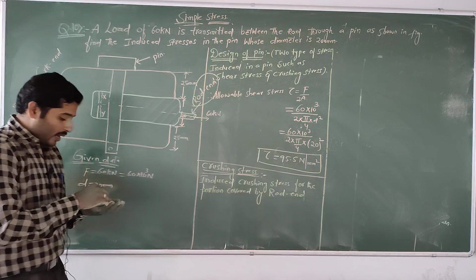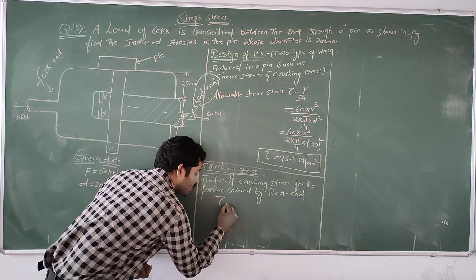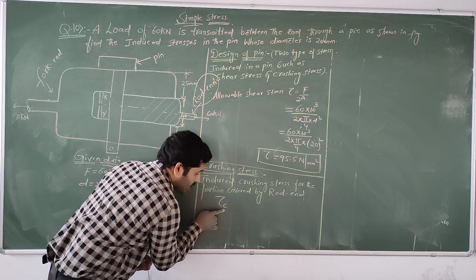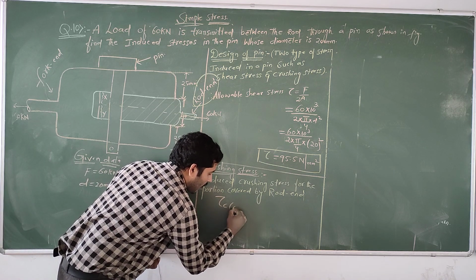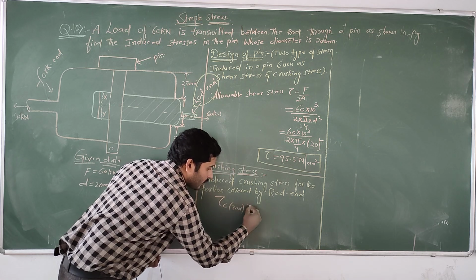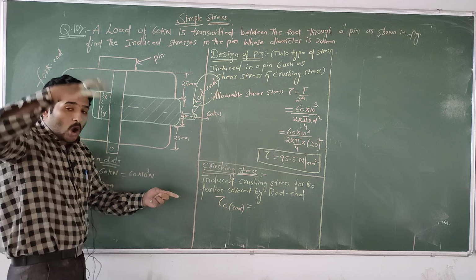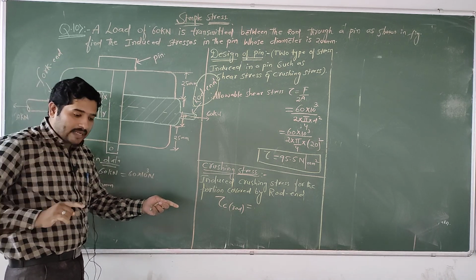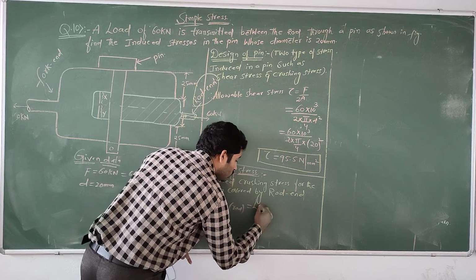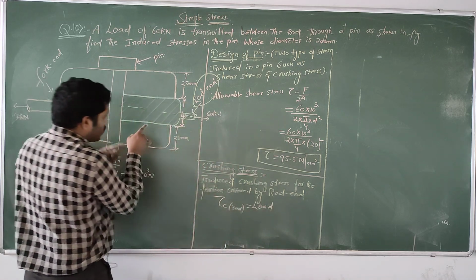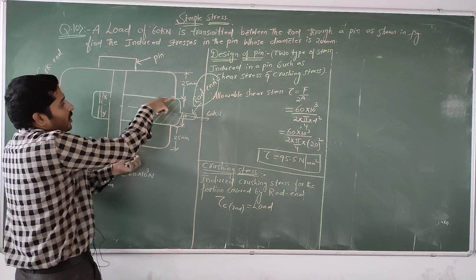Then we have to represent here. Let us see crushing stress at the rod end. What will be the formula? How much load is acting upon the crushing area? Let us see how much load is acting on this crushing area.